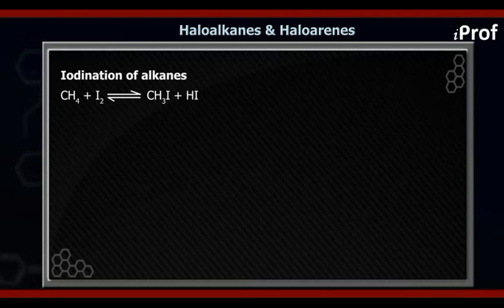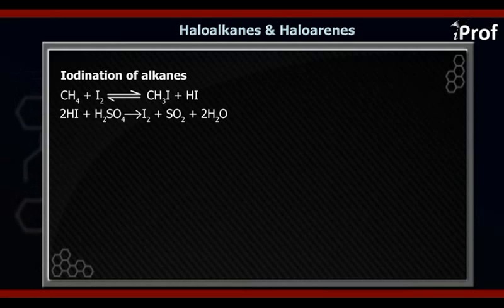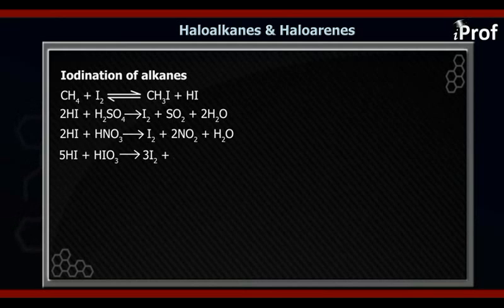Because HI is a strong reducing agent, what we do is add an oxidizing agent. We can add three types of oxidizing agents: one, H2SO4, second, HNO3, third, HIO3, which is known as periodic acid.